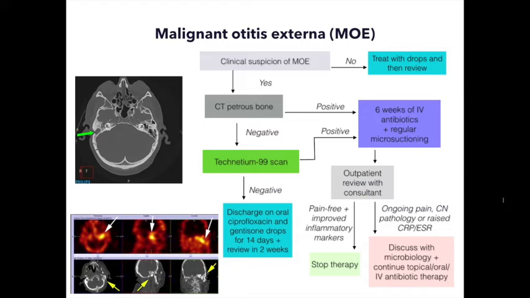This is what is used at Queen Alexandra Hospital in Portsmouth. The basic gist is CTs, then nuclear scans if that doesn't work, and then adjusting antibiotics in accordance with what the imaging shows and with therapeutic response, basically.